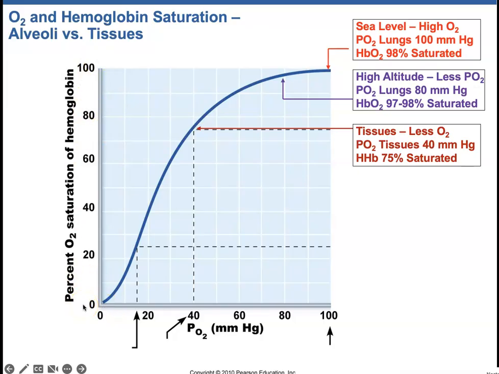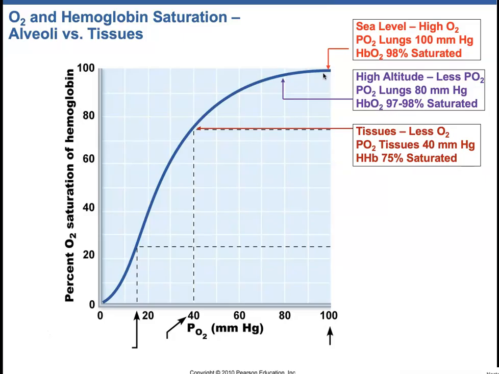So here's your partial pressure of oxygen, all right? So at sea level, on average, say we have a really high partial pressure of oxygen. So where the partial pressure is high, it'll saturate the hemoglobin very high, right? So here's our partial pressure down here. We go up, we look at the left, this is our hemoglobin. Wow, really, really good saturation.